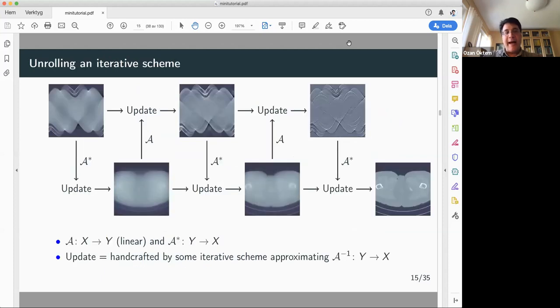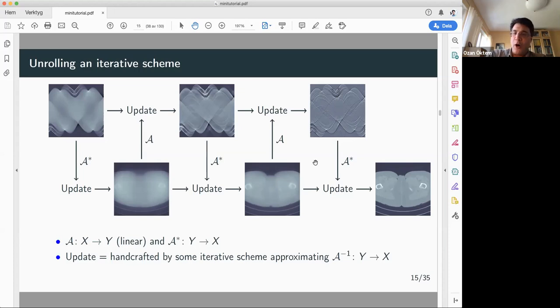Now, to give you an idea of how unrolling works without writing formulas, here's an example of an iterative scheme. The top row is the data space, and the bottom row is the reconstruction model parameter space. Typically, this iterative scheme iterates between the data space and, in this case of tomographic imaging, the image space, back and forth like that.